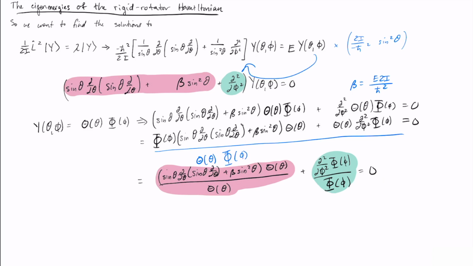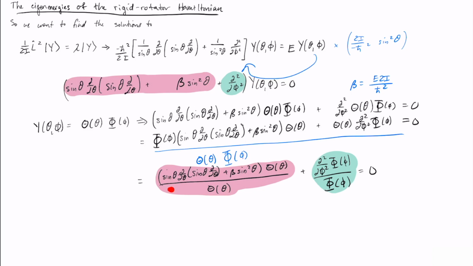So you have a function of theta is equal to the negative of a function of phi. The only way that this can be possible is if both of these terms are equal to some other constant. And in this case, that constant will be the negative of each other.